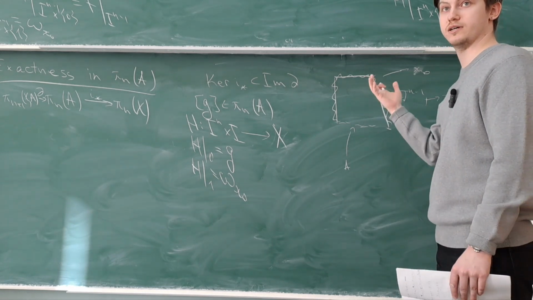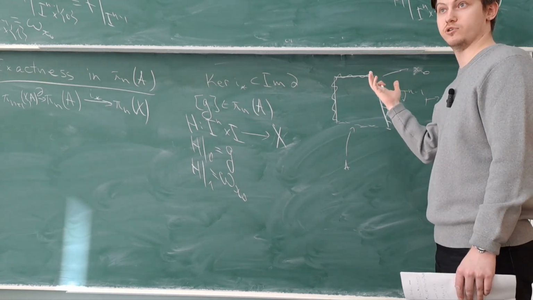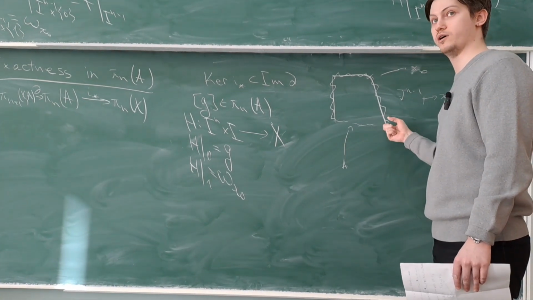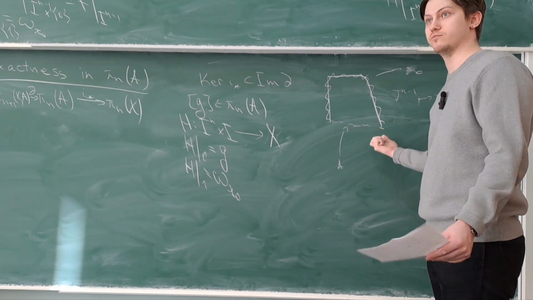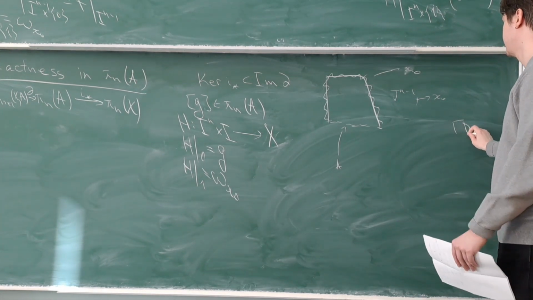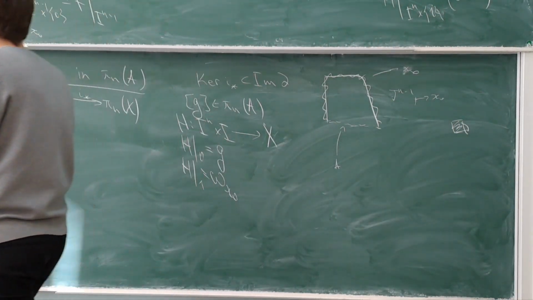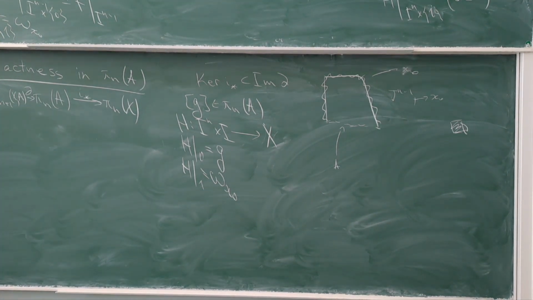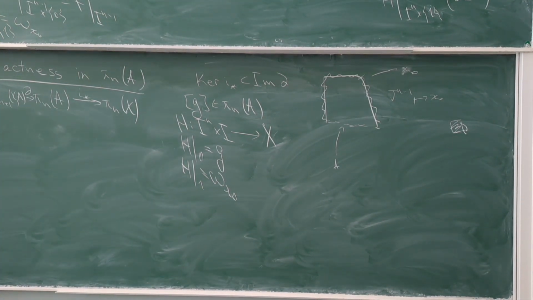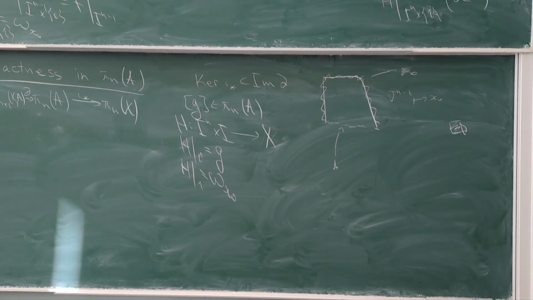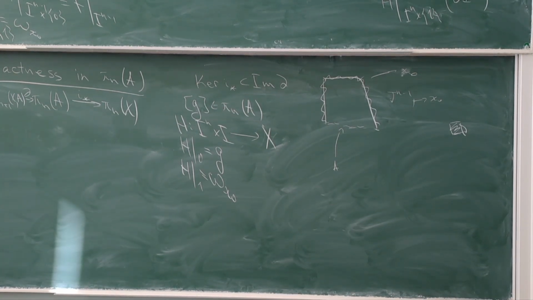So it represents precisely some relative spheroid. And the restriction of this relative spheroid to this part is precisely G. So this obvious part actually. So okay, we check this theorem.